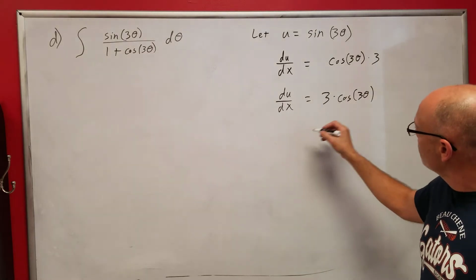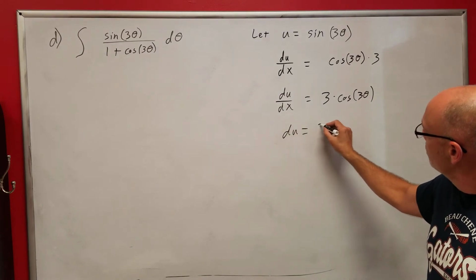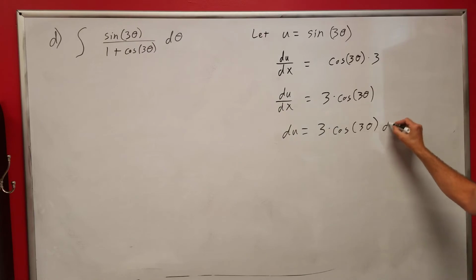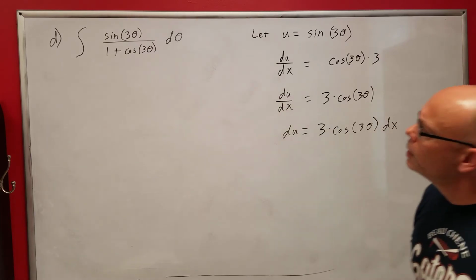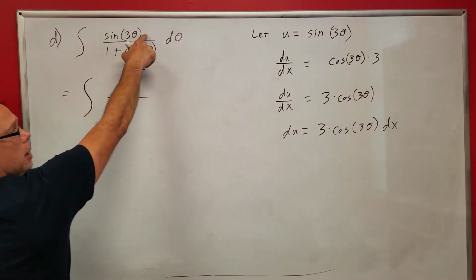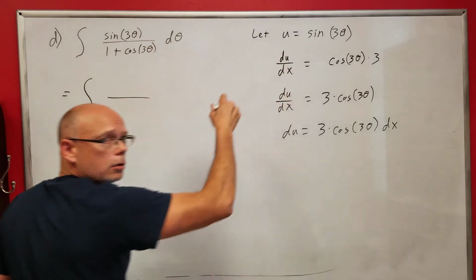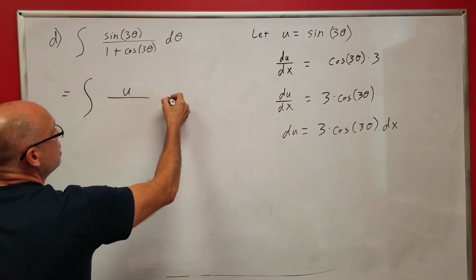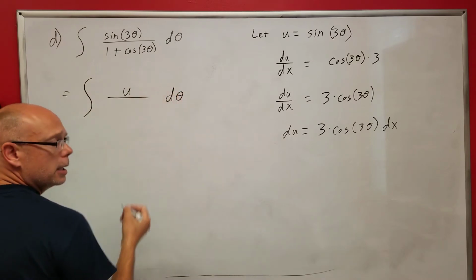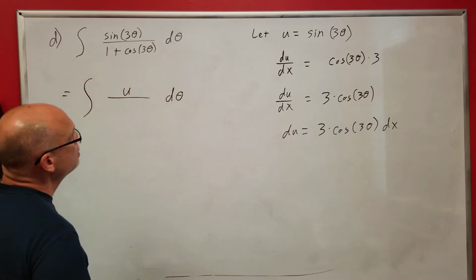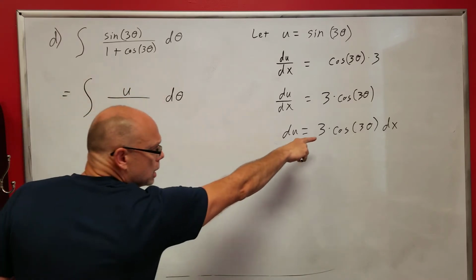All right, then if we multiply both sides by dx, we get du is equal to 3 cosine of 3 theta dx. Now, if I were to go over here, I could say I call the numerator u, and then I have 1 plus cosine of u d theta, right? But can I replace 1 plus cosine d theta with any of this stuff right here?